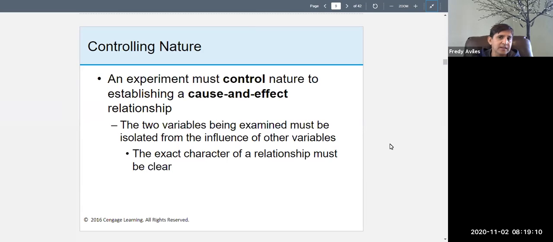We want to control things like diet, genetics, if it's possible, maybe medication, all sorts of other things that could possibly affect weight, okay? We only want exercise to affect the weight, okay? So that's important for an experiment. You must control the other things, okay? Otherwise, the cause and effect relationship will not be clear.